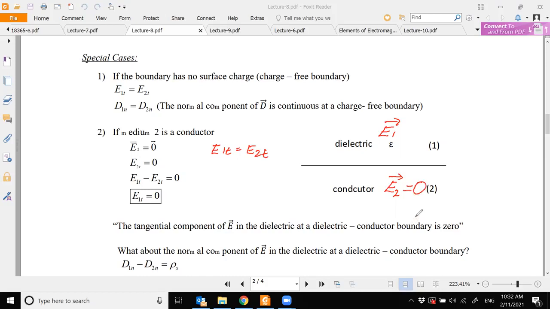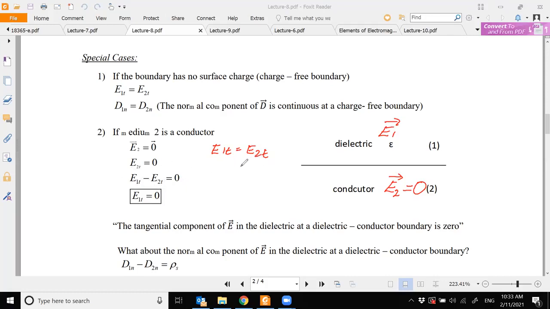That there cannot exist any electric field inside the conductor. Remember, it's an isolated conductor. So if E2 is equal to 0, then E2 tangential will also be 0, and therefore E1 tangential minus E2 tangential is 0.